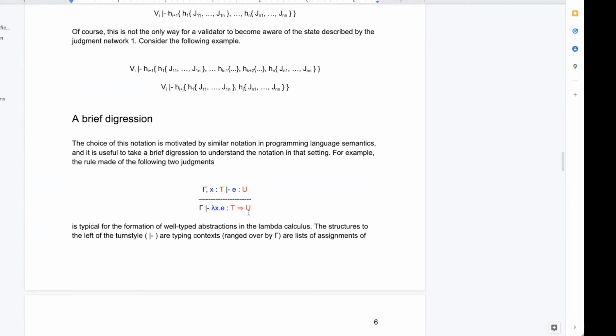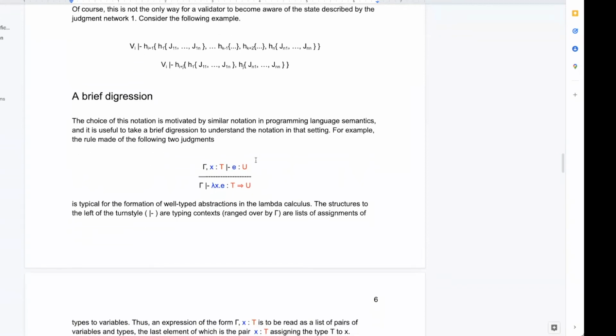So you could think of it as an n-ary function, which takes in inputs, each of which are judgments, and produces a new judgment. So in this sense, rules of this kind can be thought of as constructors. We're taking some data in, which is going to be input to constructing a particular judgment.